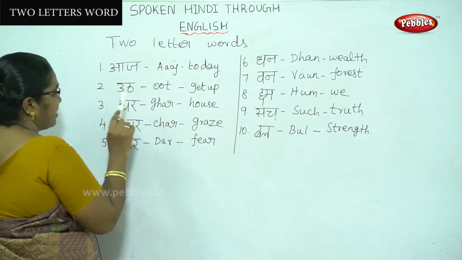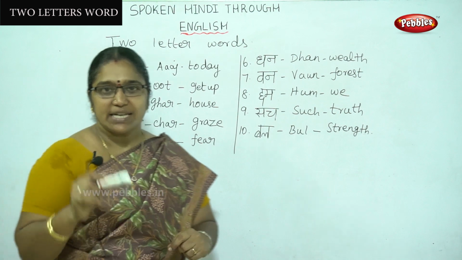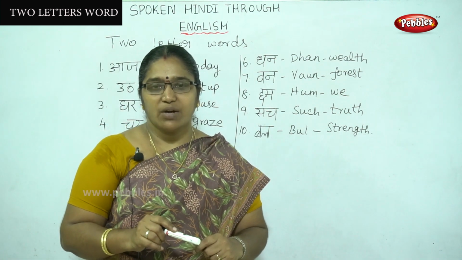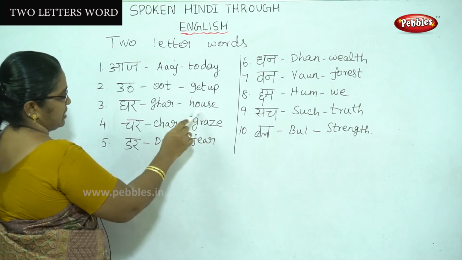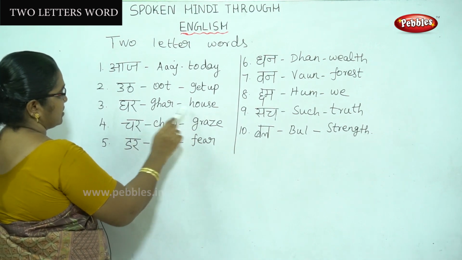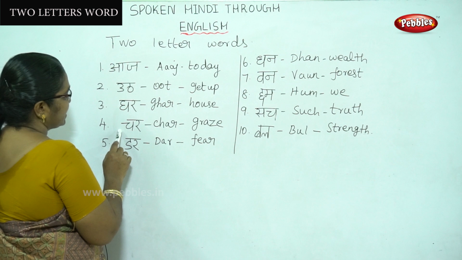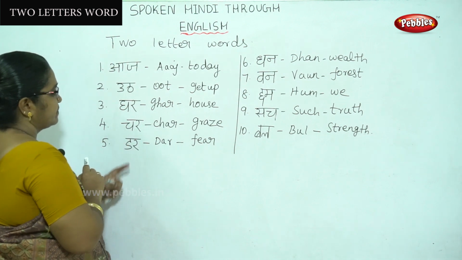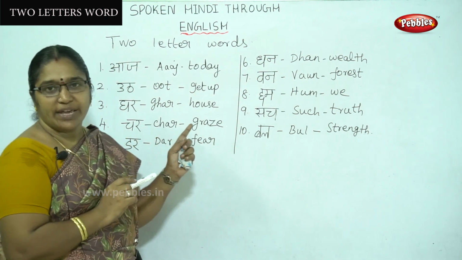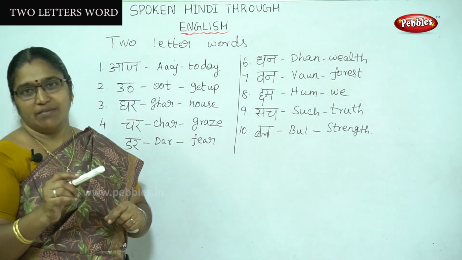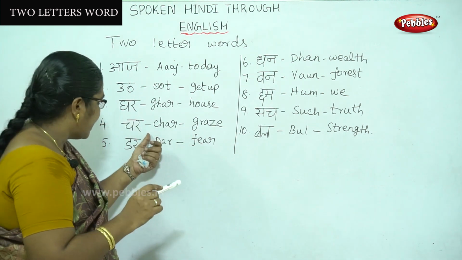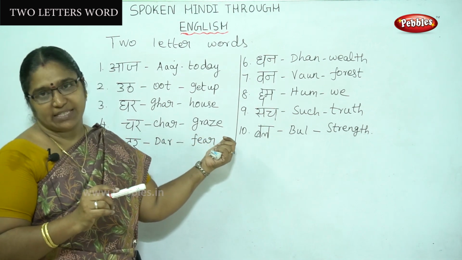The next one we can spell as Gara, but we have to say it as Gar. Gar means house. Next, the fourth one is Chara, but we have to say it as Char. Char means grace.